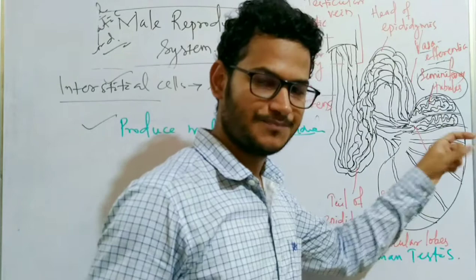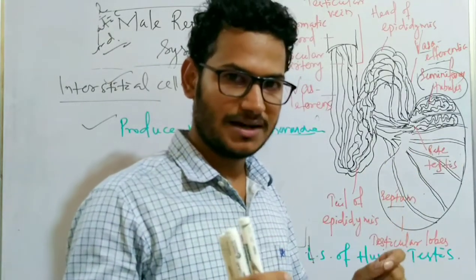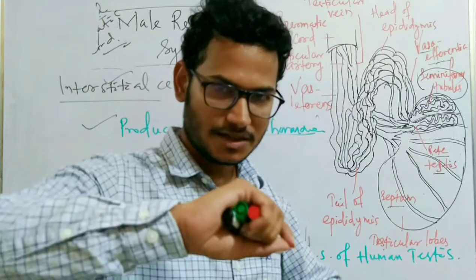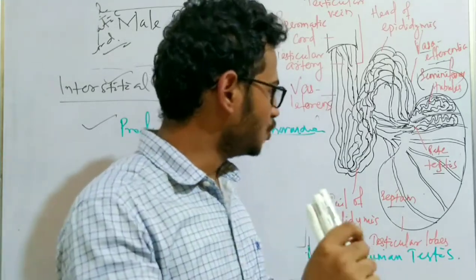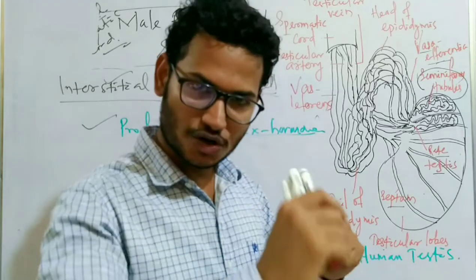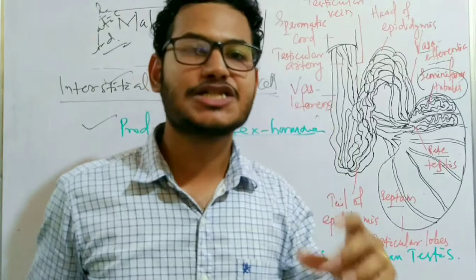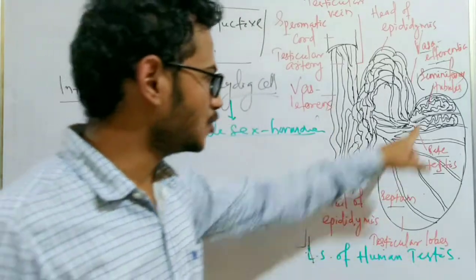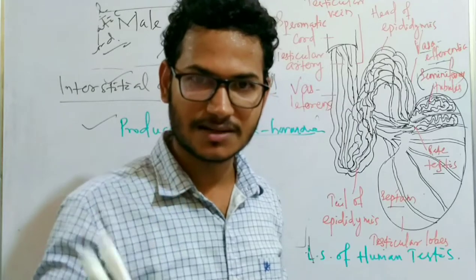Seminiferous tubules, the fine, small, coiled tubes. The tubes that are present in a coiled form within each lobule of the testis are known as the seminiferous tubules, where the sperm is manufactured.